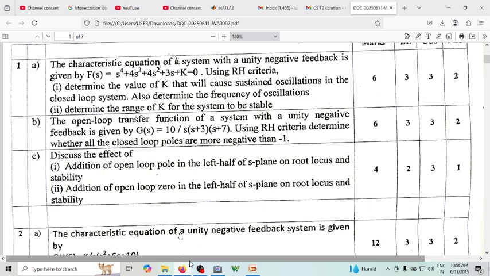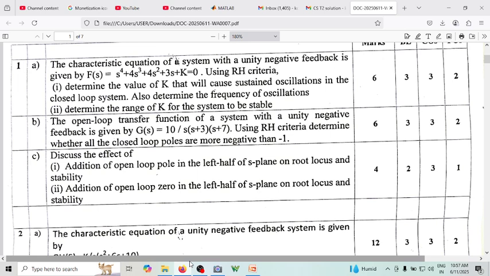In the first question, part A, there is a characteristic equation given. Del of s is given by s power 4 plus 4s cube plus 4s square plus 3s plus k equal to 0.